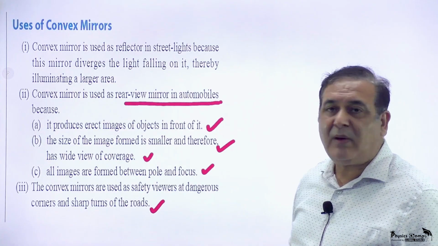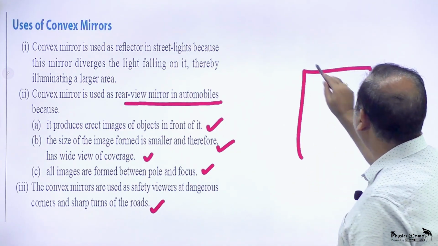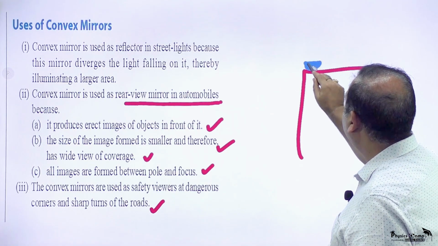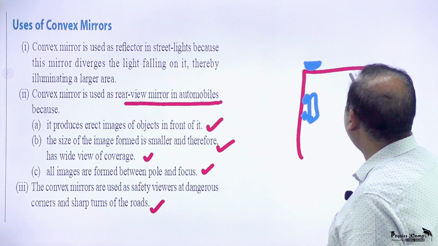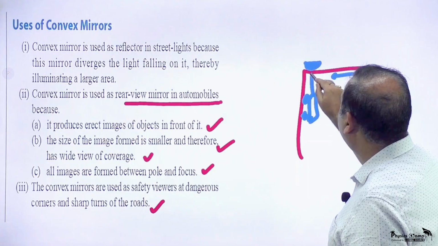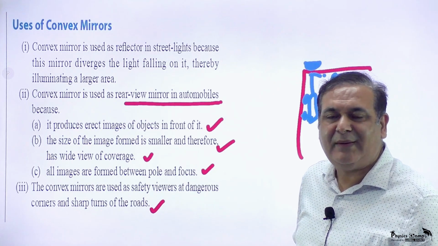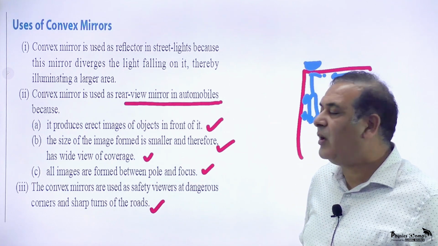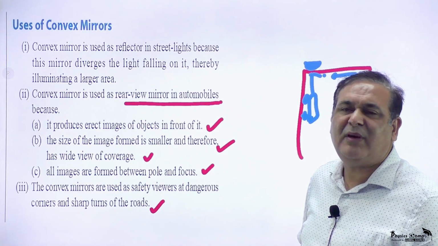आपने देखा होगा कभी कभी sharp turn है, अगर तो यहाँ पे हम एक convex mirror लगा देते हैं over here, so that if the vehicle is coming from here, then the person over here can see this vehicle, can see the virtual image of this vehicle. So the convex mirrors are used at the sharp turns if you are going on the mountain road or at any such position where there are sharp turns.